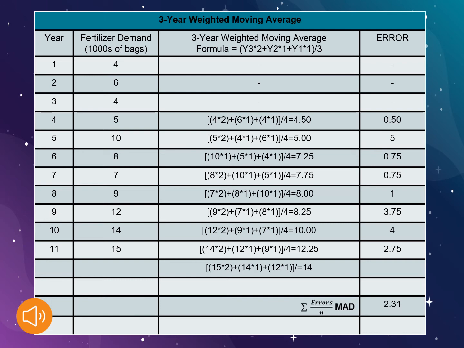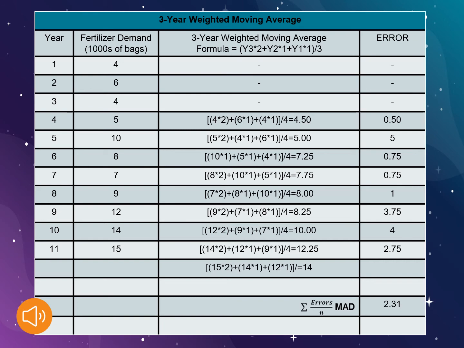The question again was, which method do you think is the best? To know which method is the best, we are going to base it on their MAD results. For the MAD results, the lesser it is, the better it is to use.